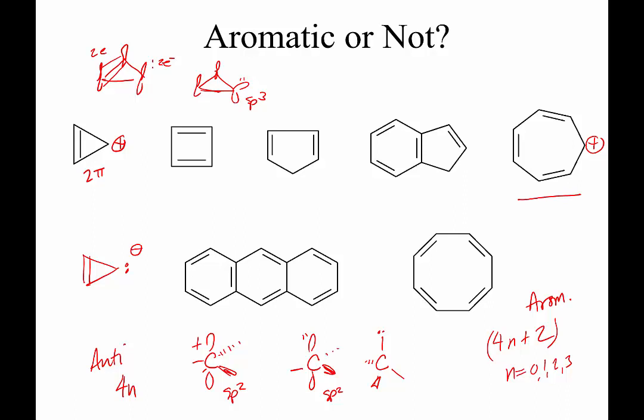And now there's no continuous parallel p orbital system. Because what we're really talking about when the molecule has all sp2s and it's planar is that all those p orbitals become a continuous system. So if an atom breaks that, it's not aromatic.